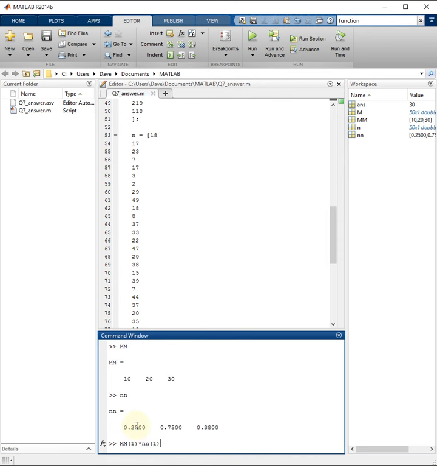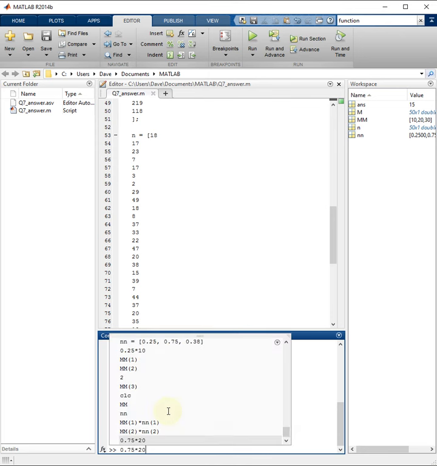And you agree that that's the same as me writing 10 times 0.25. If I wanted the second, it would just be MM of 2 times NN of 2. And that's 15, because indeed 0.75 times 20 is 15. Let's just prove it to ourselves. Is 15. Yes, it is.